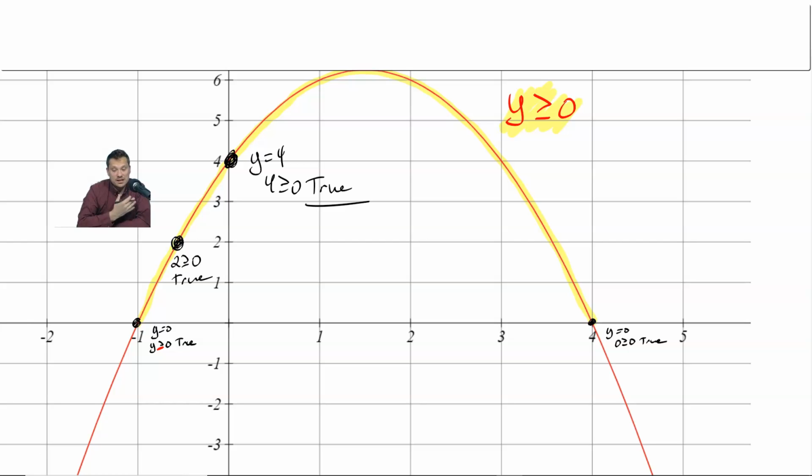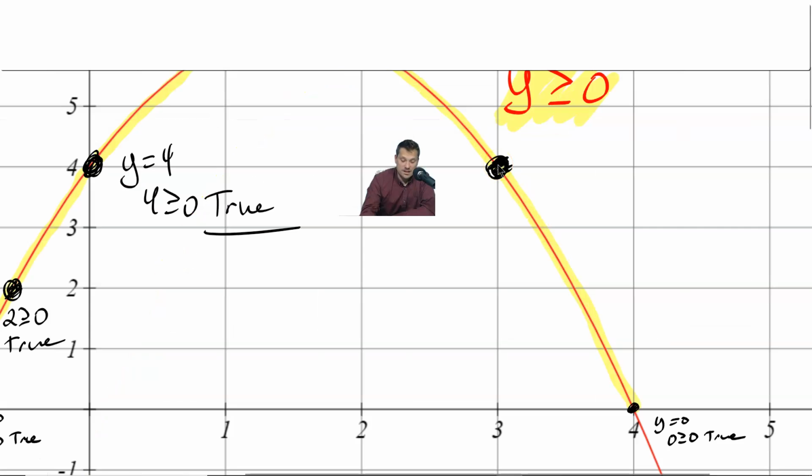Specifically, take a look. Imagine I focus on this point right here, which has an x-coordinate of 3 and a y-coordinate of 4. This part makes the inequality true, and the 3 comes up from the x-axis. Then you would repeat that for any other point.